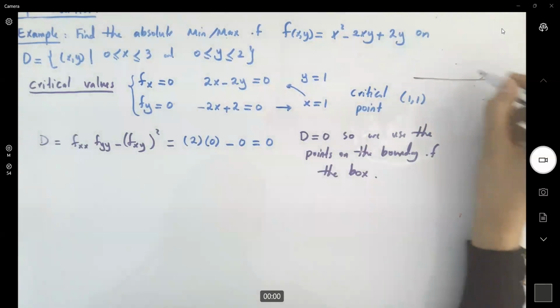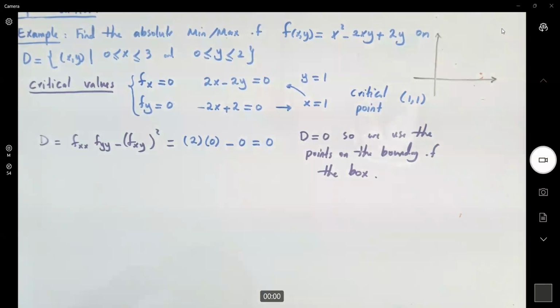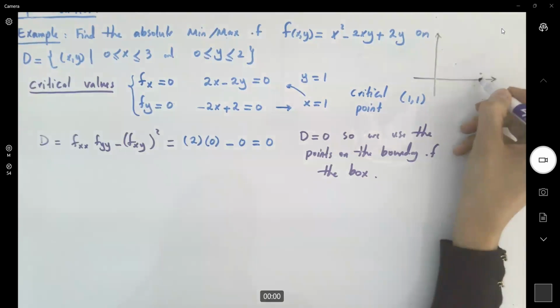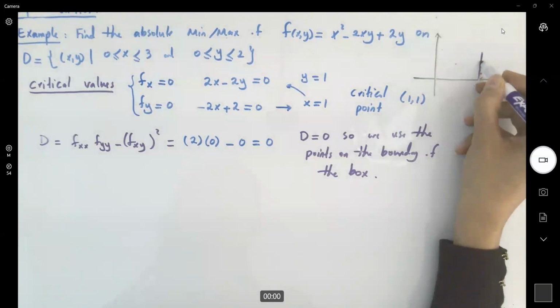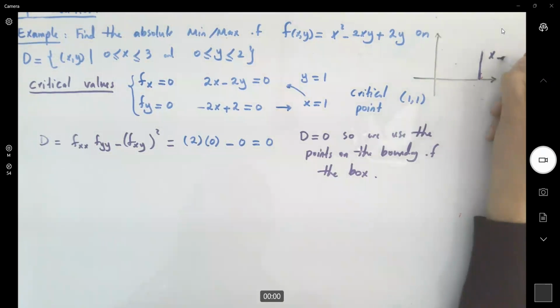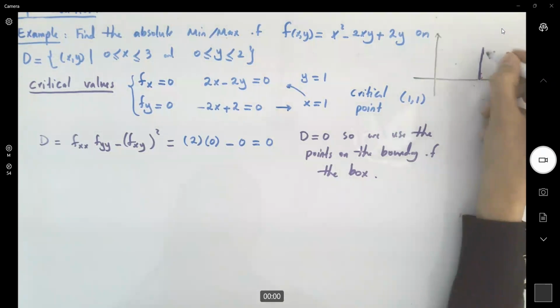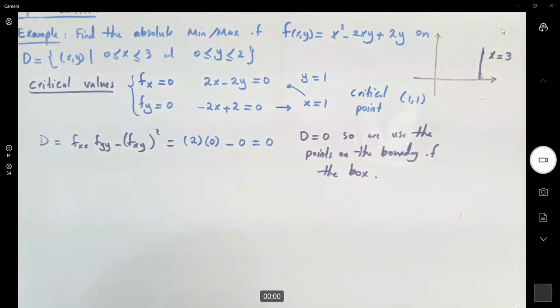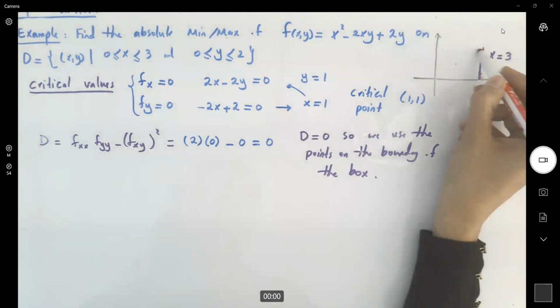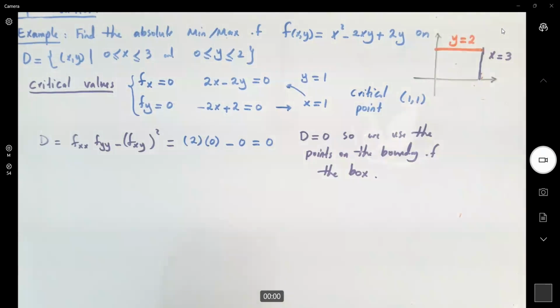So here I have my box. This line is x equals 3. And this line is y equals 2. Very good.